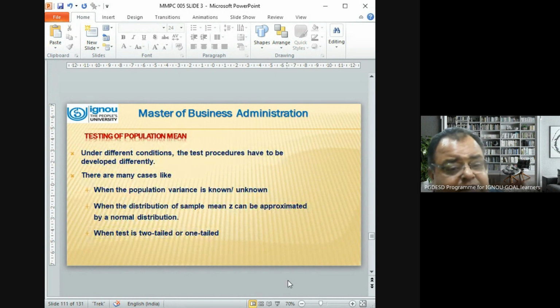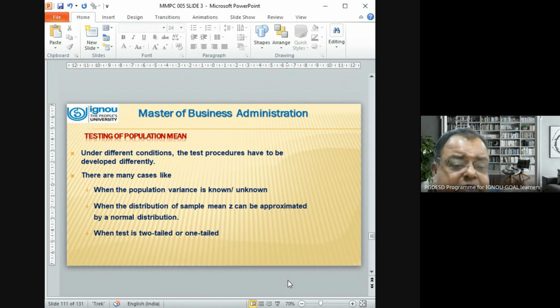Testing the population mean. Under different conditions, the test procedure has to be developed differently. There are many cases, like when the population variance is known or unknown. See the condition. We have to decide based on whatever is given to us, what is known to us. We know what we are supposed to do, but we have to see which information is with us, so then only we can proceed further.